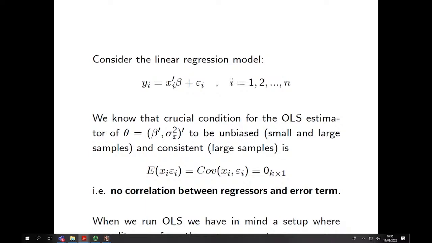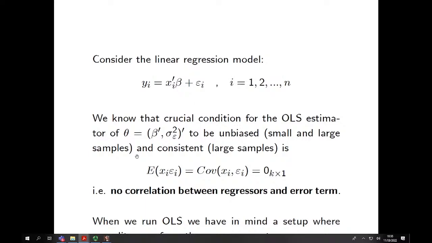Even if I realize that I have some heteroscedasticity or some correlation, I cannot model it. Provided I know there is absence of correlation between the regressor and the error term, we estimate the model by OLS.